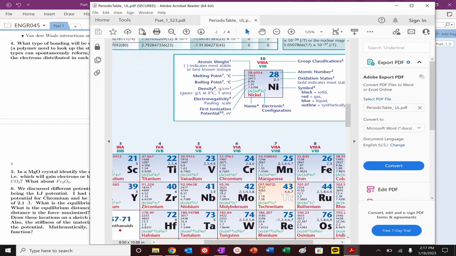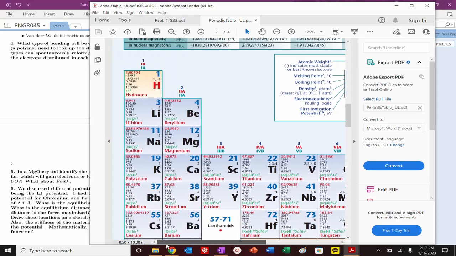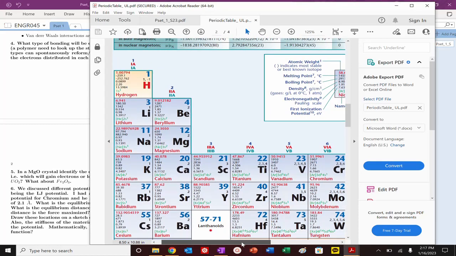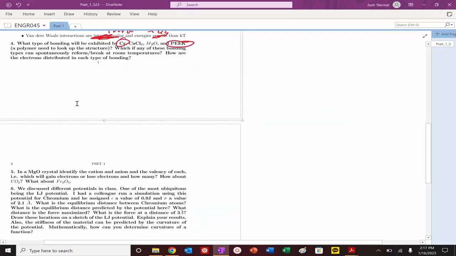So I think we have CaCl2. So let's go ahead and look at calcium. Electronegativity is the second one up. So calcium is 1. So Ca electronegativity is 1. What about Cl?